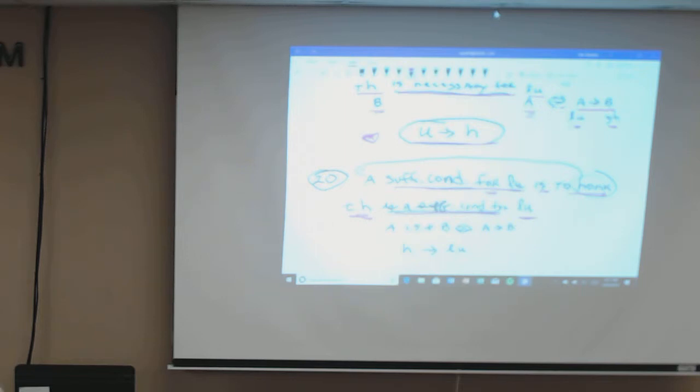See how I rearrange it? And what is sufficient? A is sufficient for B is equivalent to if A then B. So what do I have down here? Honk. If you honk, then you love ultimate. Or the way they're doing it, if H, then U.